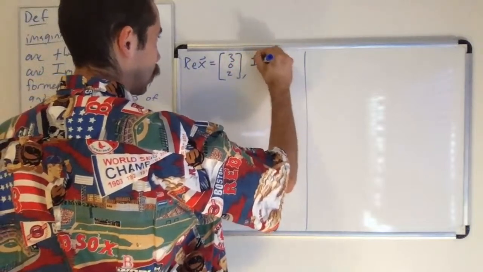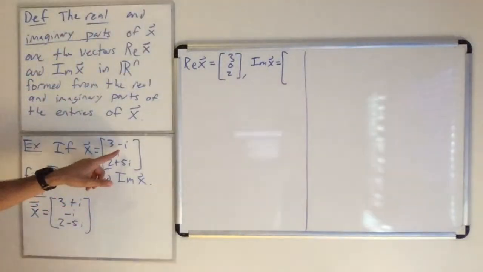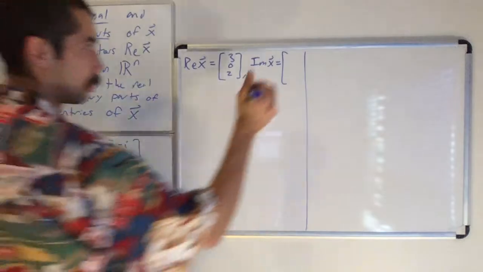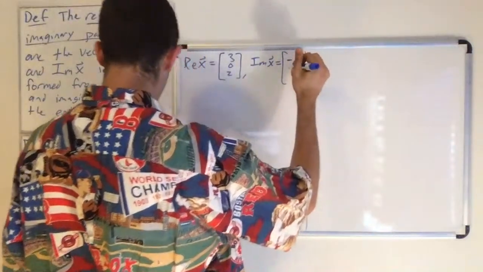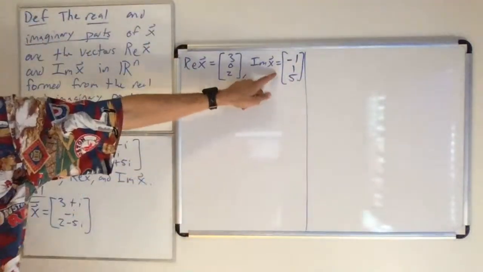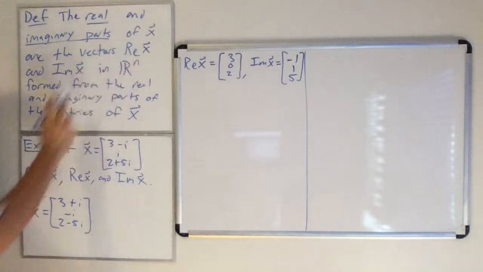And the imaginary parts, we read off the coefficients of i. Okay, so we don't include the i's here, right? Because part of our definition says they live in Rn, they don't live in Cn.